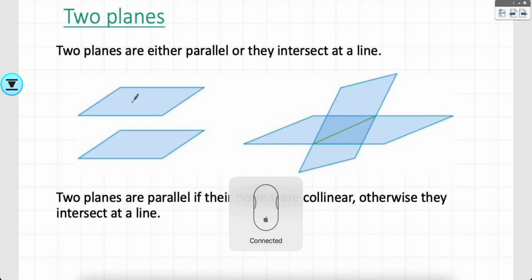The algebra behind this is not new, but we just need to adapt it a bit to planes. And just to clarify, if they are parallel, then the normals of the planes will be collinear, so they will lie on the same line.